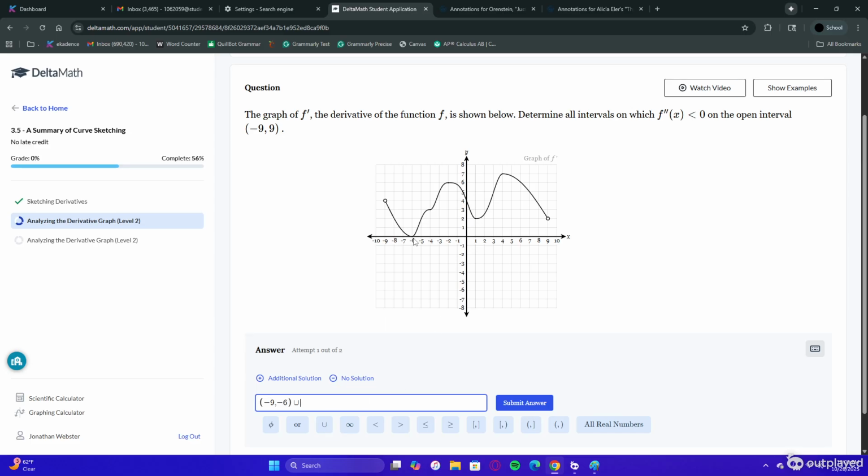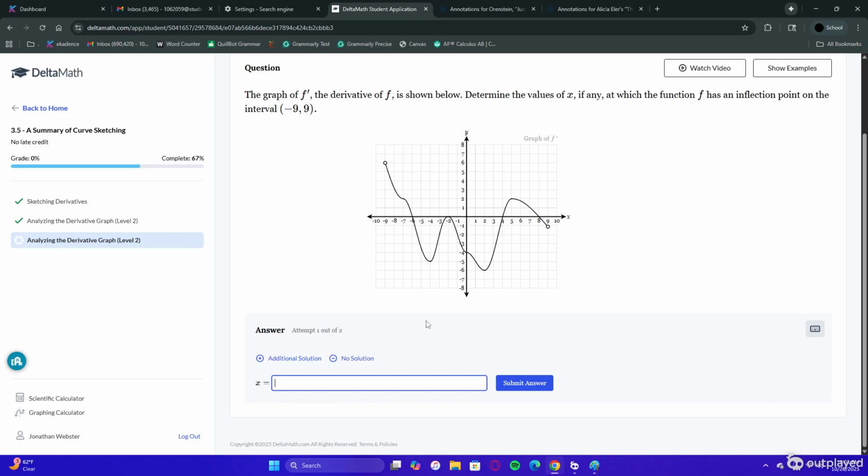And then it's increasing all the way until -2. So from -2 to 1 is decreasing again. And then it's increasing from 1 to 4, and then after 4 it's decreasing again. 4 to 9.